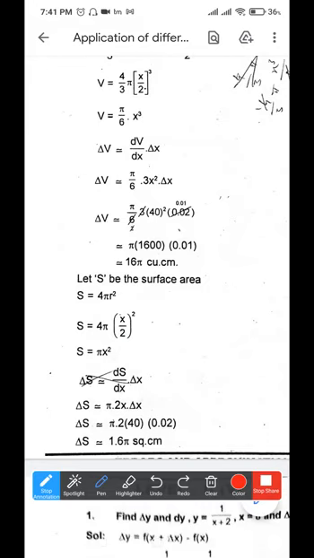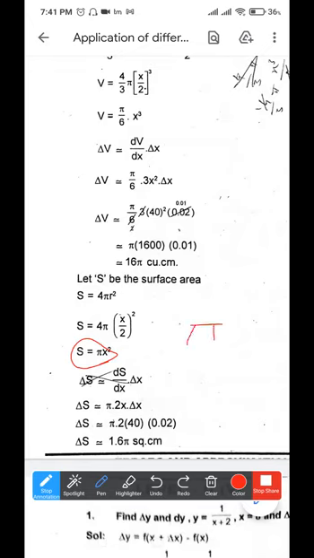Now delta S is equal to dS by dx into delta x.